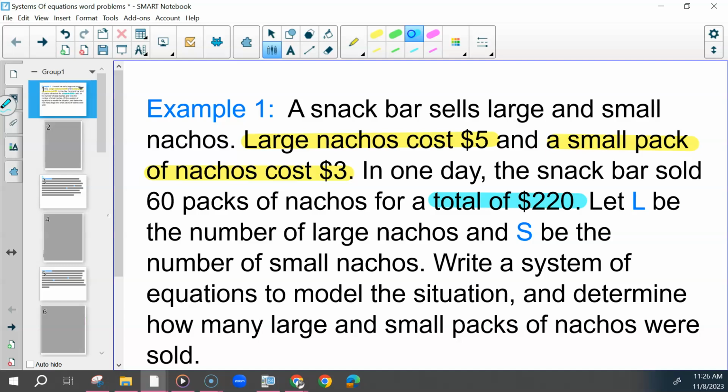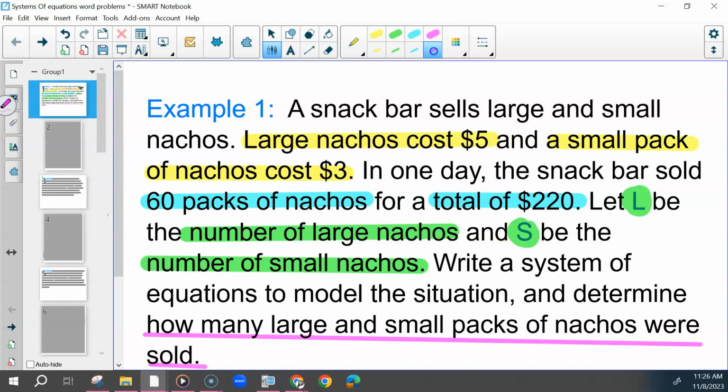The 60 packs, okay. Anything else we feel is important? So L is the number of large nachos, S is the number of small nachos, and what are we looking for? How many large and small packs of nachos? That is what we're looking for.